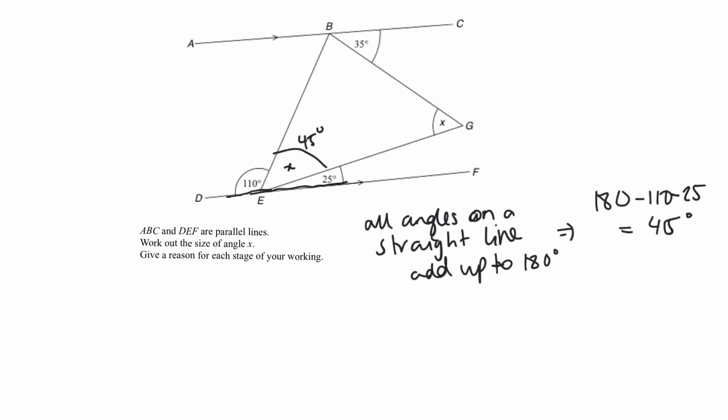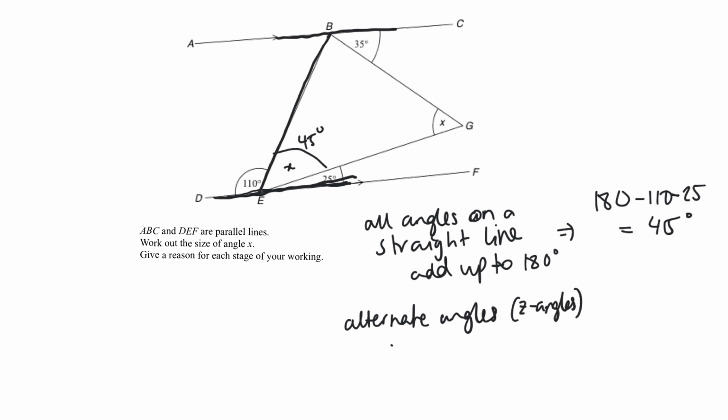And then, based on your knowledge of different angle rules, so different angles from parallel lines, alternate angles are the same. Alternate angles are your Z angles, but in an exam, do not put Z angles. I'm just putting the Z angles in the bracket so you understand.